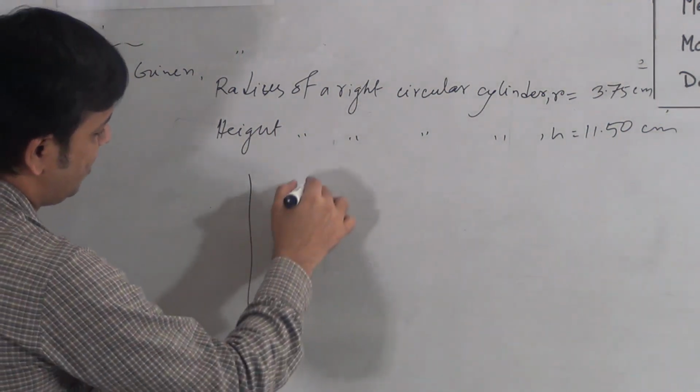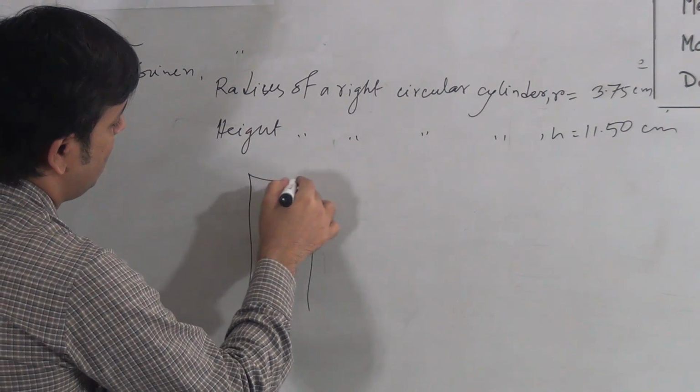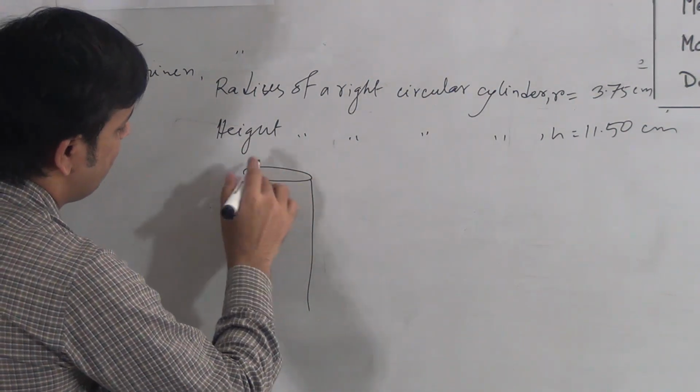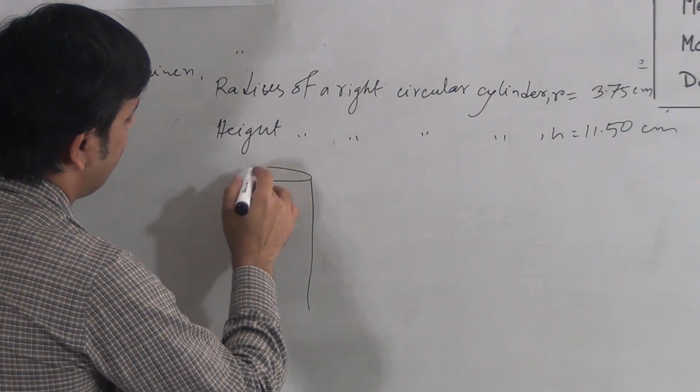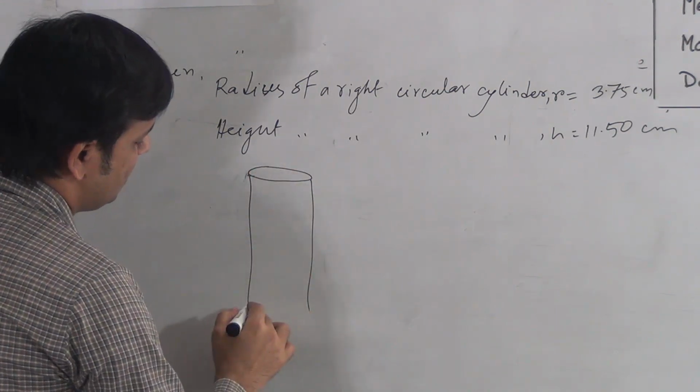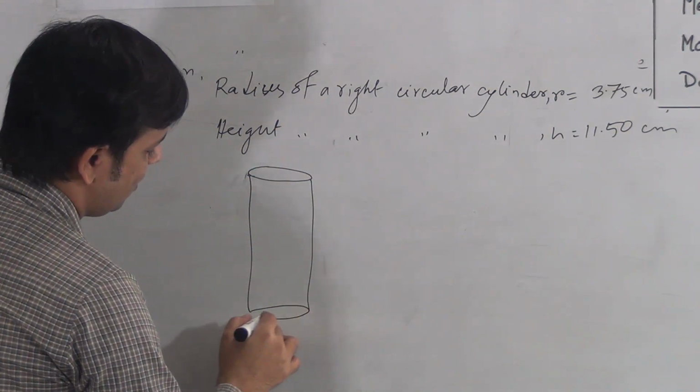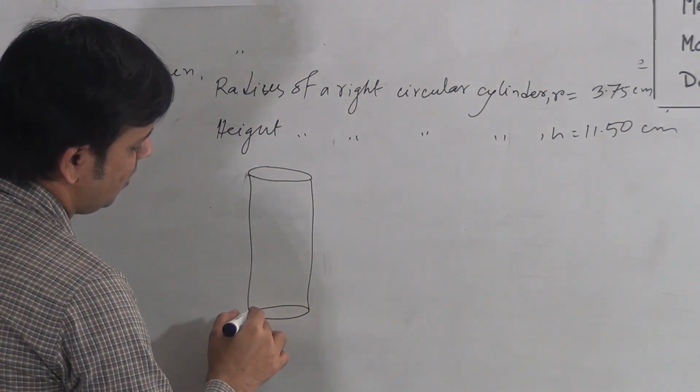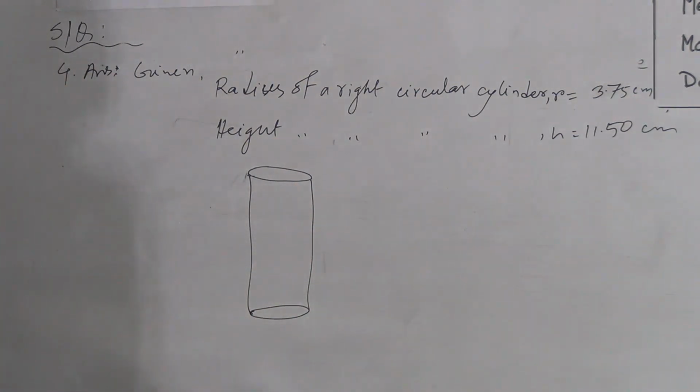Okay, now dear students, try to understand. Right circular cylinders look like a tube, like this one.